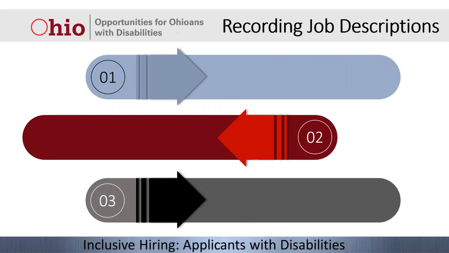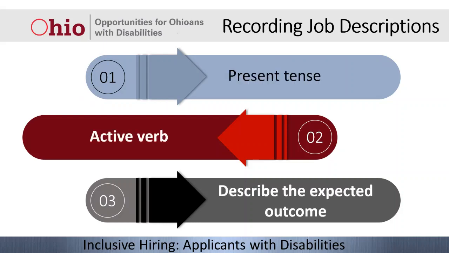So how we describe the essential functions matters when we are intending to be inclusive and attract qualified applicants, including qualified applicants with disabilities. What this means is, once you have examined the work environment and the job tasks, you want to give thought to how you write the job description.